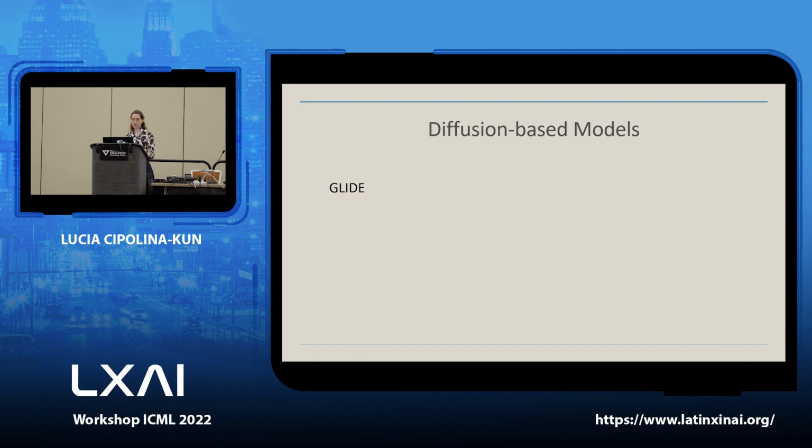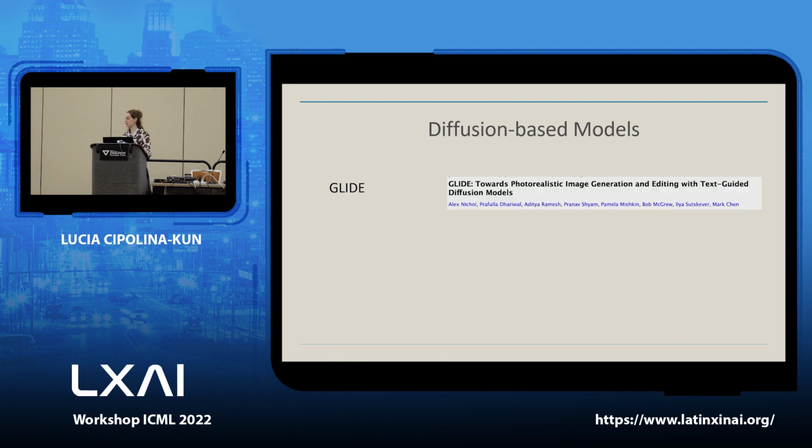There are particularly two text-guided diffusion models. First, we have GLIDE, which is an open box, a white box model. That means you can actually see the code and manipulate the code internally, so you can do backpropagation inside the code.